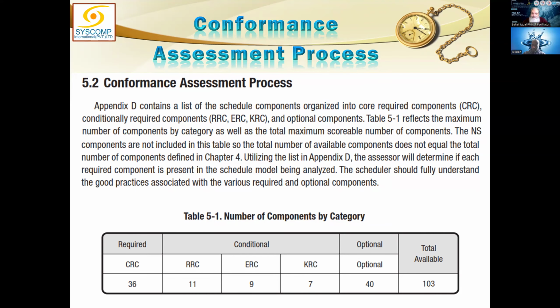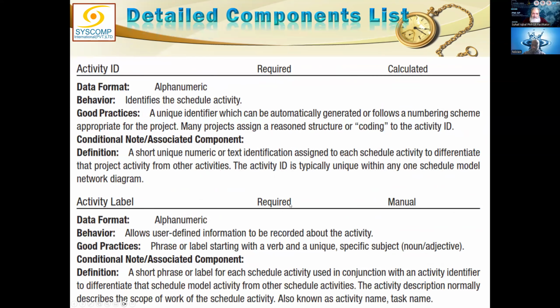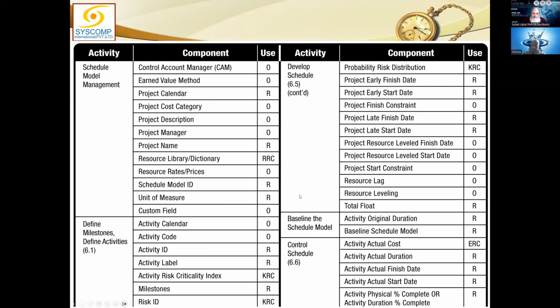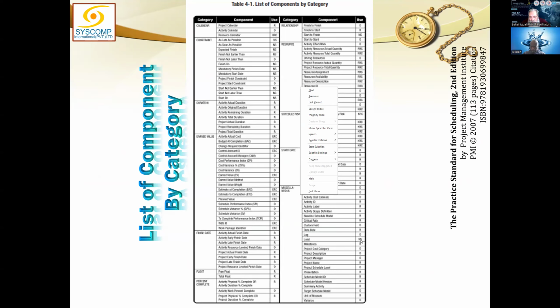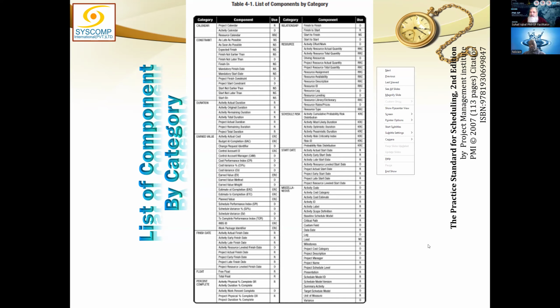If you count them, let me see, non-scored items. You see 1, 2, 3, 4, 5, 6, 7, 8, 9, 10, 11, 12. There are 12 non-score items. So 107 plus 12, that will be 119.